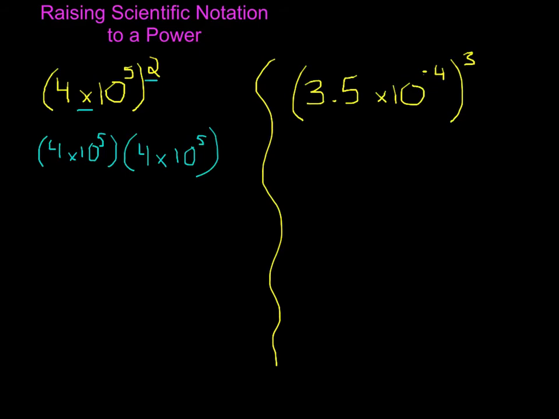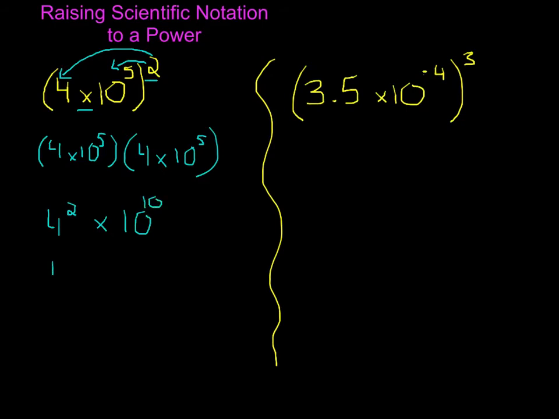Or the property, when you have a product to a power, says that you can apply the exponent of 2 to everything inside the parentheses. So it becomes 4 squared times 10 to the power of a power, 5 times 2 is 10.